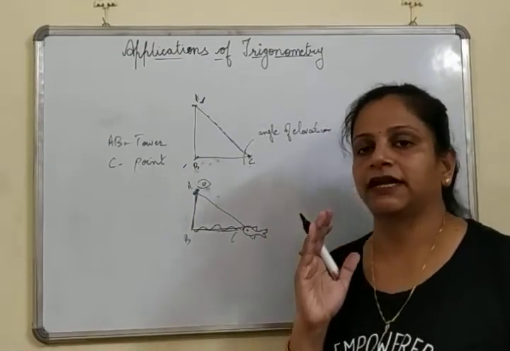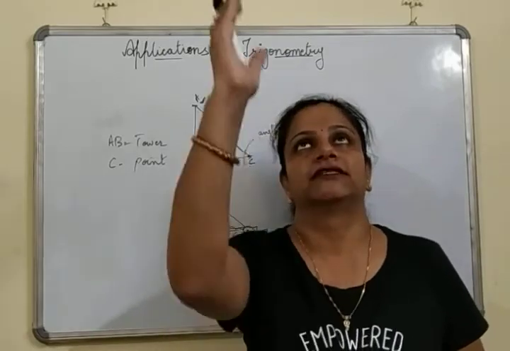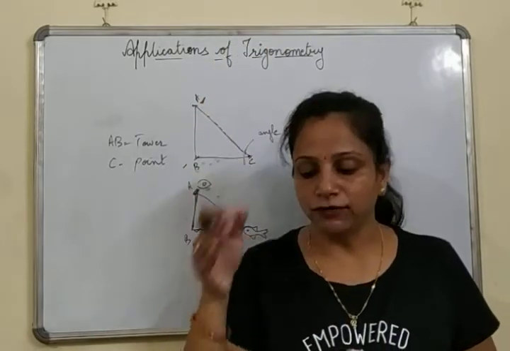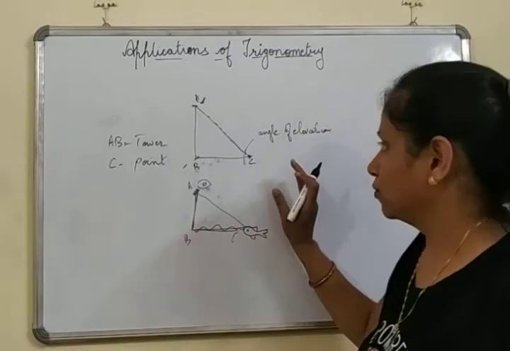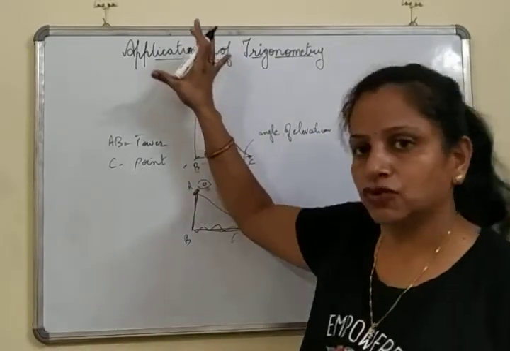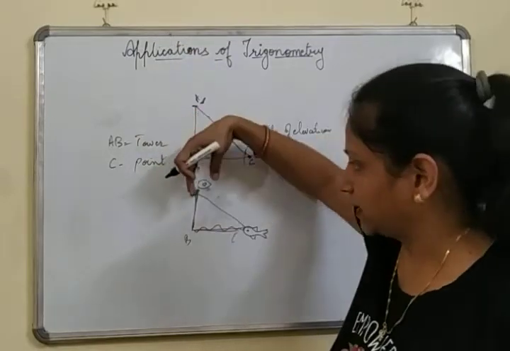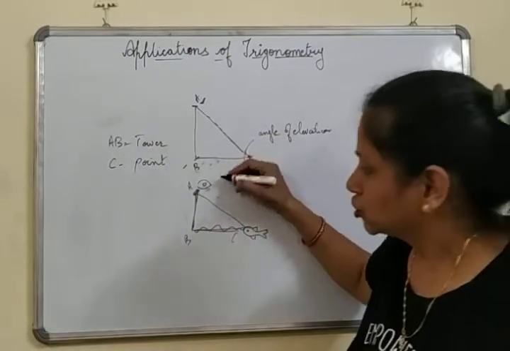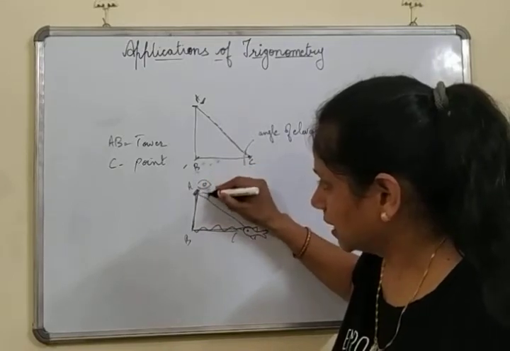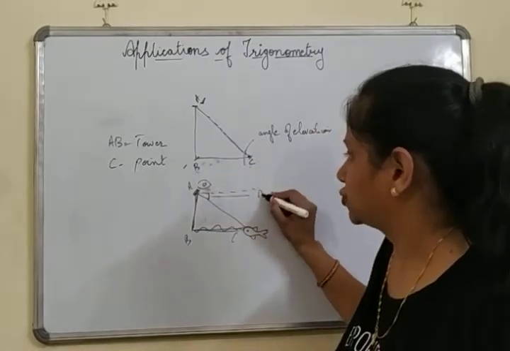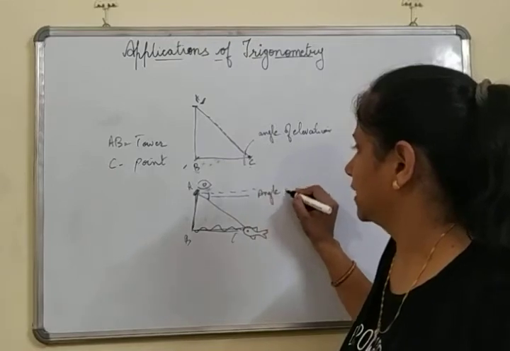Suppose I am standing here, मुझे ऊपर देखना तो I will see like this, तो angle will be this way. But if I need to see on the floor I will see this way, that means angle will be down, right? So whenever you are looking upward, that means angle of elevation, ऊपर जा रहा है. But when you are looking downward, that means this is depression. So this angle will be known as angle of depression. What is this known as?